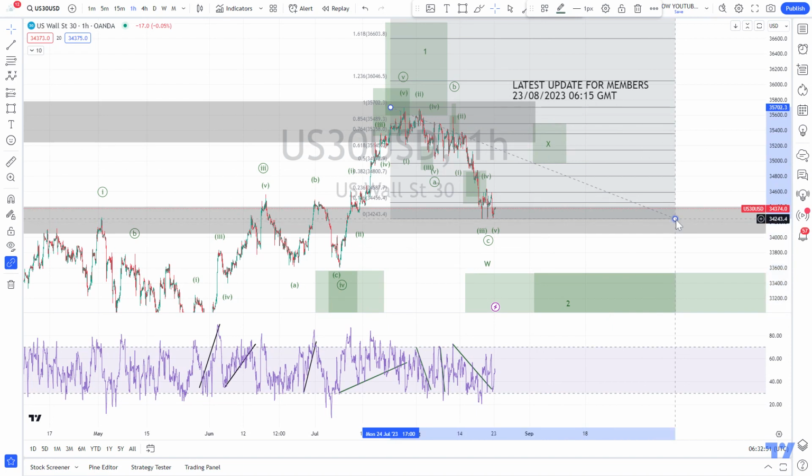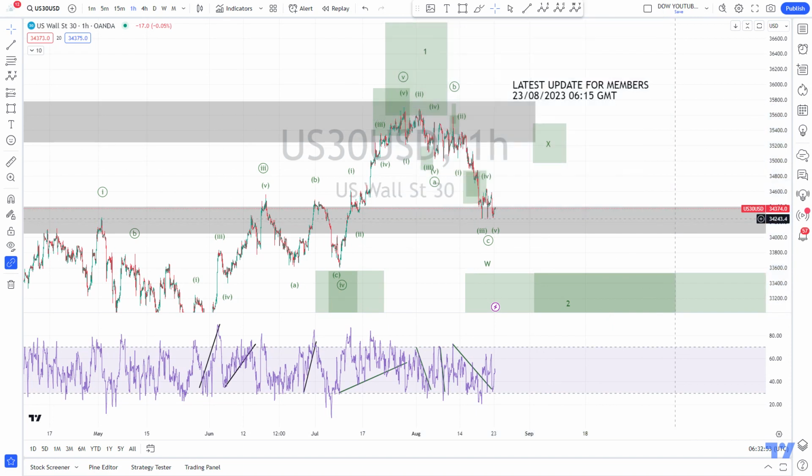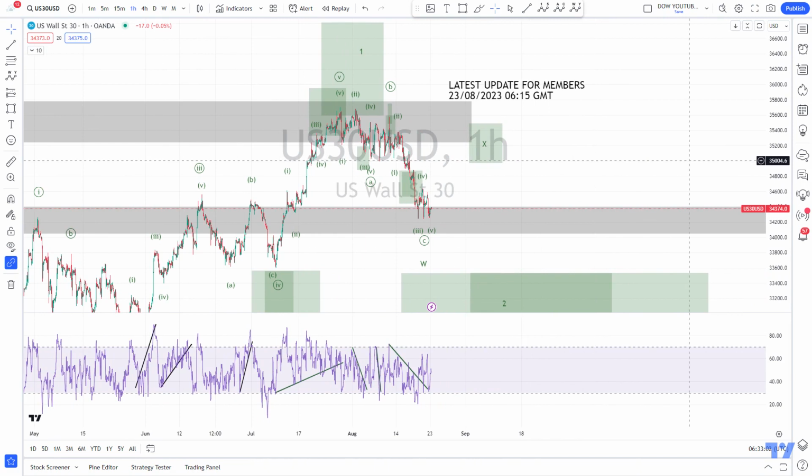This is the target for our wave X. And then I think it might be interesting to initiate a short from here, but of course only under the right conditions, in this area.